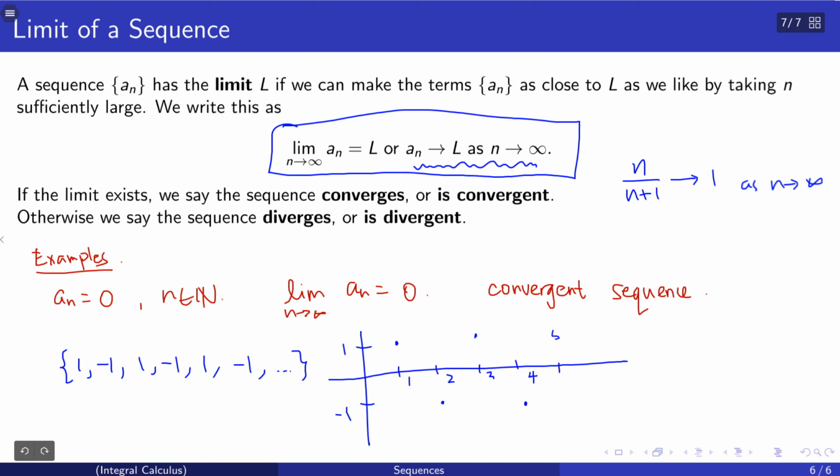You can probably see from the graph that this sequence is going to be divergent. You can't make it close to any number that you'd like, because infinitely many of your terms will be 1 and infinitely many of your terms will be negative 1 as n grows very large.